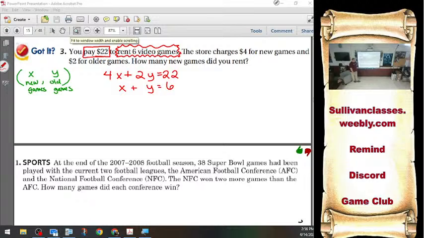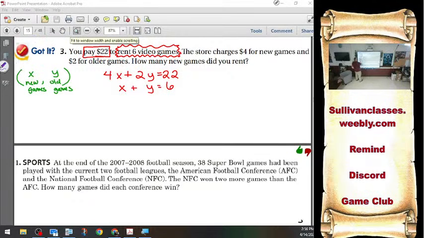Or could it? Could I have done 6 of only new? Why not? Okay, 6 times 4 is 24. That's not going to get me my right total. Could I have done only 6 old ones? 2 by 6, no, that's not enough money. I must have had some new games in there.